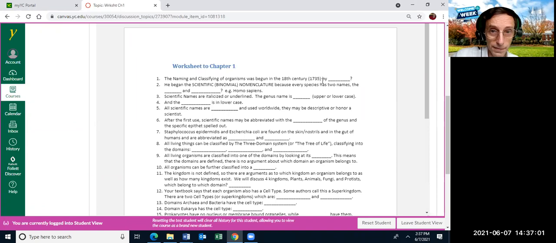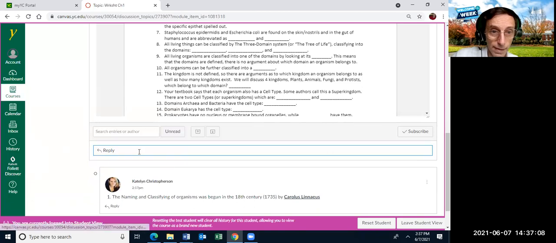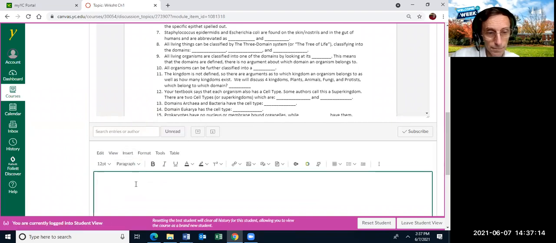So, naming and classifying organisms was begun in the 18th century by, and you scroll to the bottom and you see where it says reply. Hit reply, and then type your answer. I spell his name, Linnaeus.